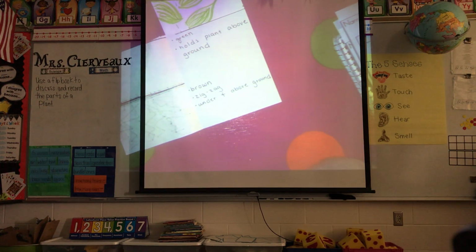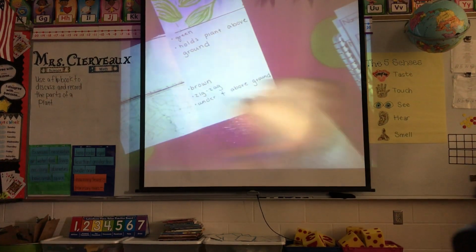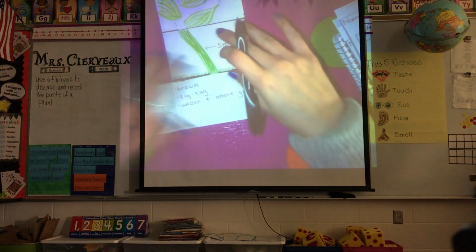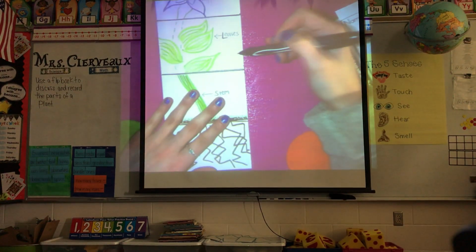What else? Any ideas? No? Want to pass? Okay, you can answer the next one about the leaves. Okay, I'm going to call on you. Alrighty, you guys can go ahead and draw your leaves if you haven't already. Go ahead and get started on the leaves.